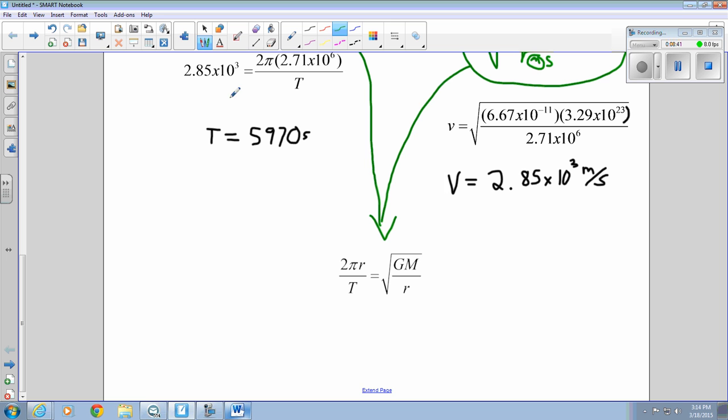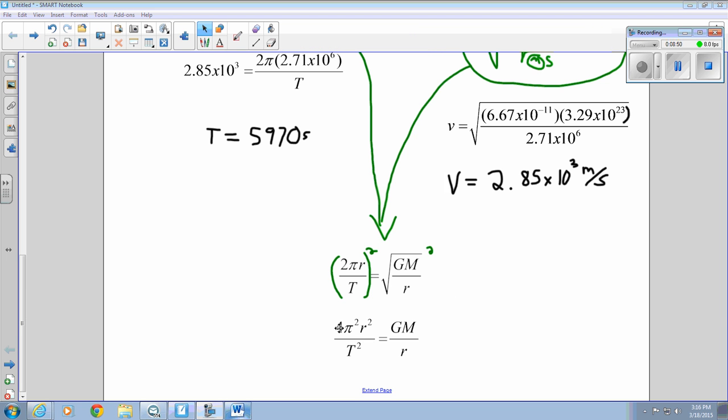If we rearrange this equation, for example by squaring both sides, we get 4 pi squared r squared over T squared equals GM over r.